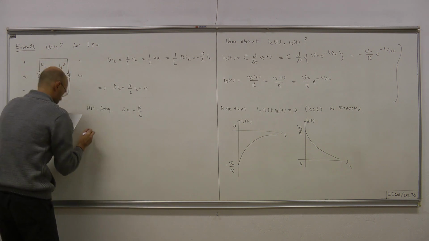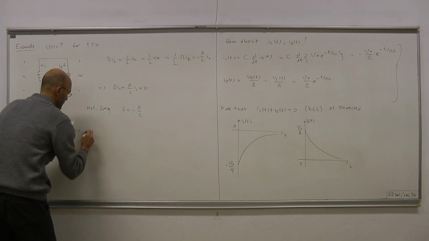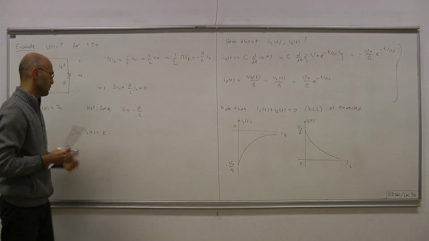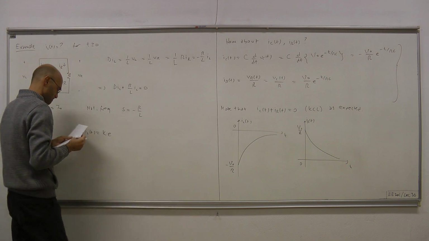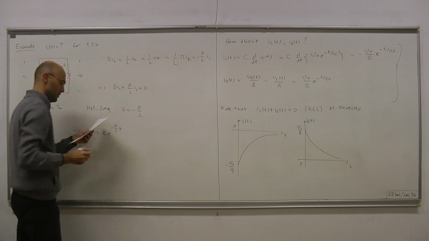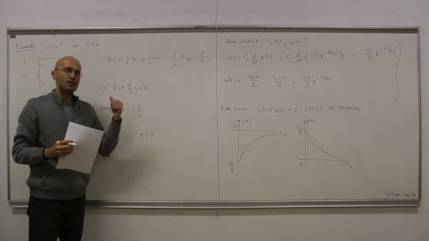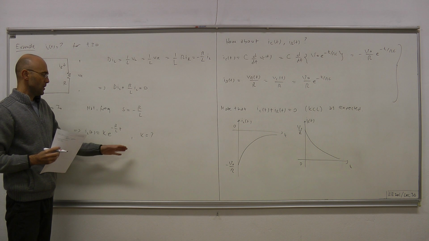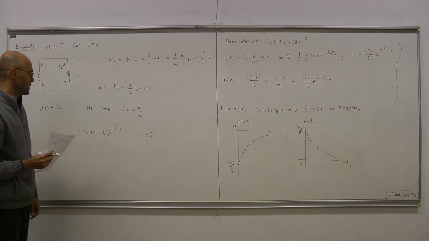And that yields ILT equals some constant K, to be determined by the initial condition, times e to the minus R over L t. And the question is, what's K? Now K in the case with the capacitor was determined by the initial condition. Here we're going to use the same constraint to figure out K.